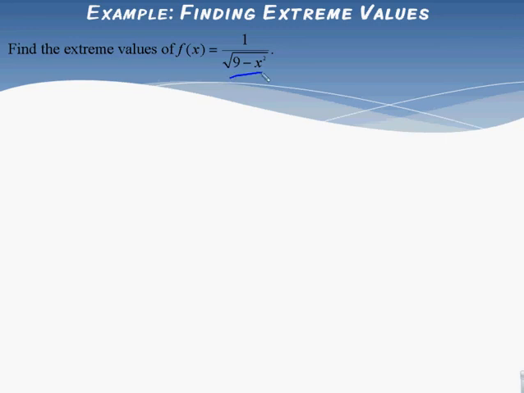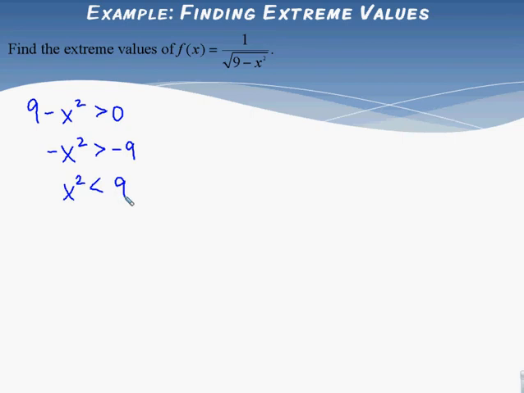Well, I have a square root on the bottom, and I know that I can't have a 0 on the bottom. And so if you remember to find domains of these guys, you take your inside and you set it greater than 0, only greater than because it's on the bottom. So I'm going to take my 9 minus x squared, set it greater than 0, and solve for x. So I'm going to subtract my 9 over. That will give me negative x squared is greater than negative 9. And then I'm going to divide my negative off, which would then flip my sign.